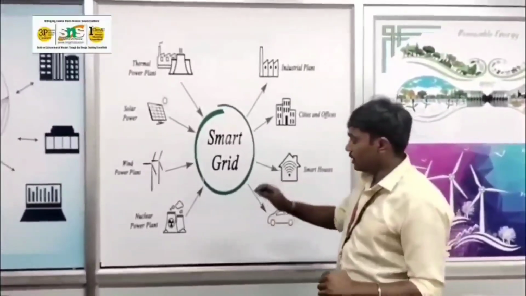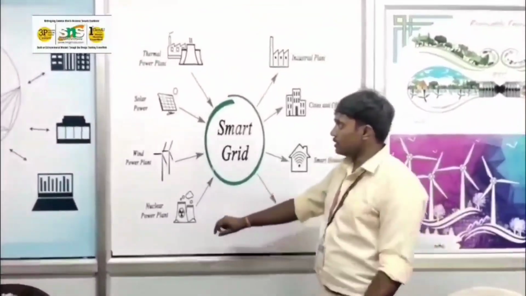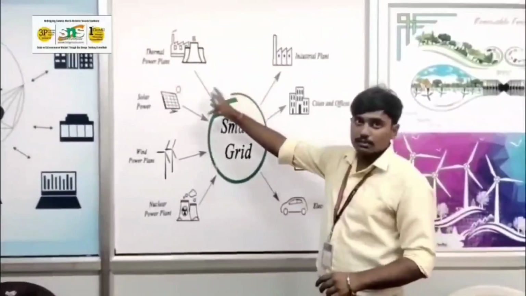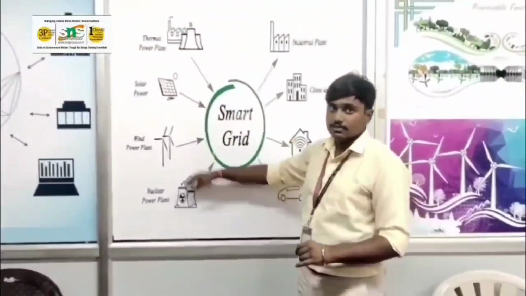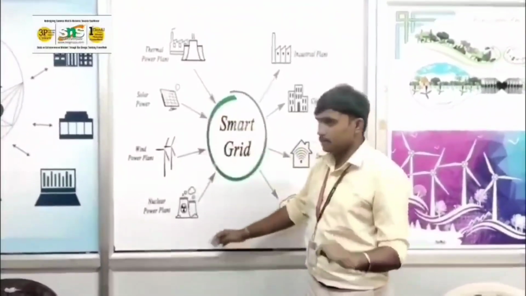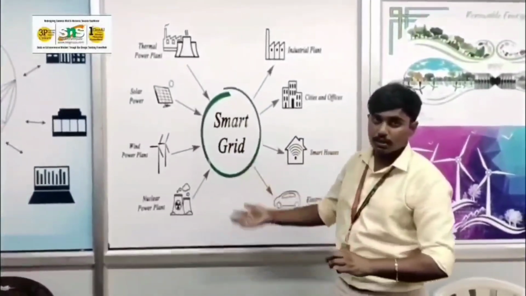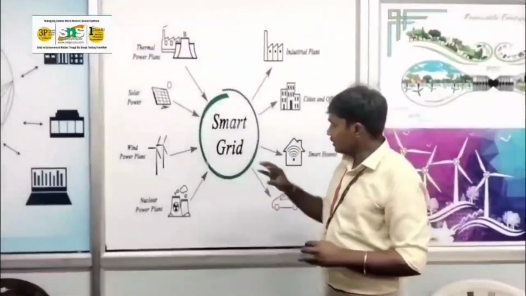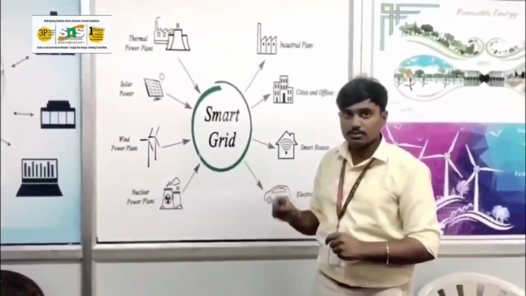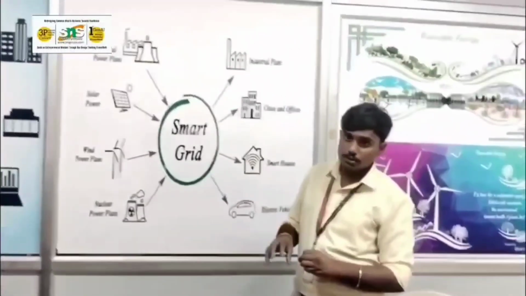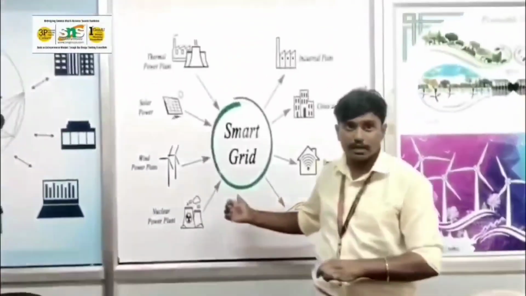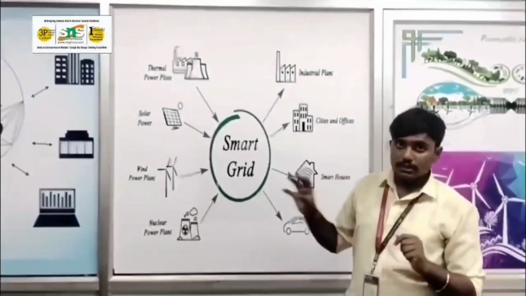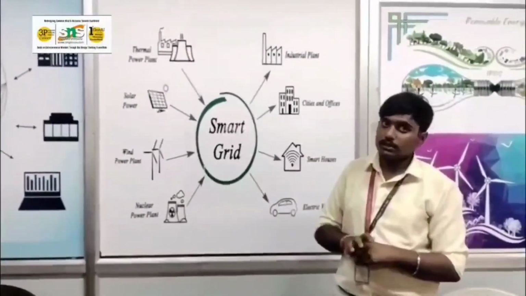When we are coming to the smart grid with the distributed generation, the main part is from thermal power plant, solar power, wind power and nuclear power plant. These four different types of power plants generate their own energy and supply it to the smart grid through a grid known as microgrid. The microgrid and the smart grid have a small connection known as feeder.